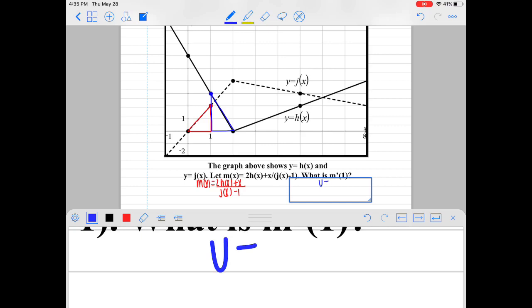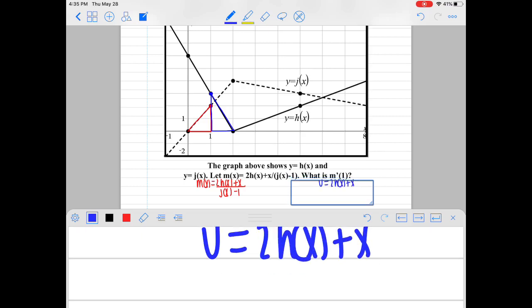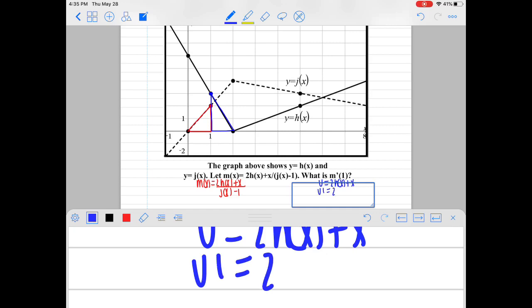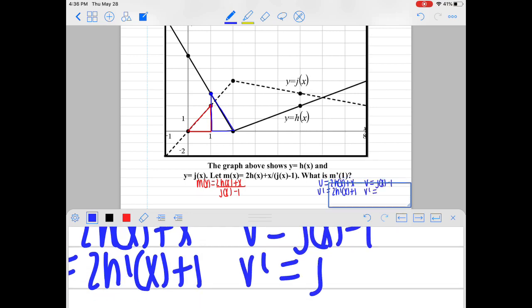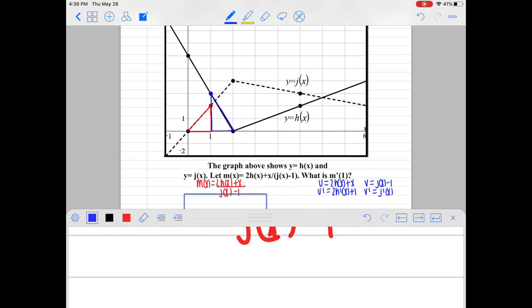And we are going to write out the first function, which is 2h of x plus x, and find the derivative, which will be 2h prime of x plus 1, and then do the same thing with the second function, j of x minus 1, and find the derivative, which is just j prime of x.